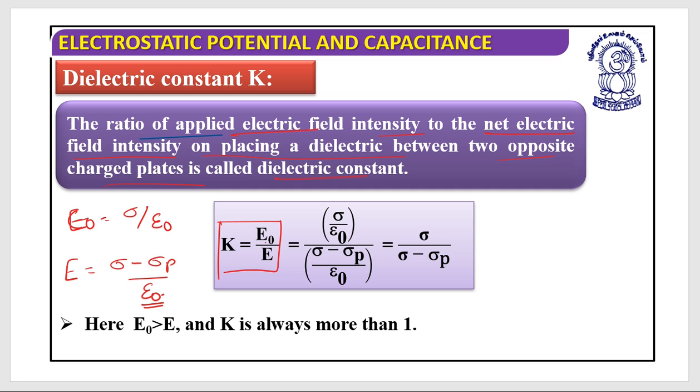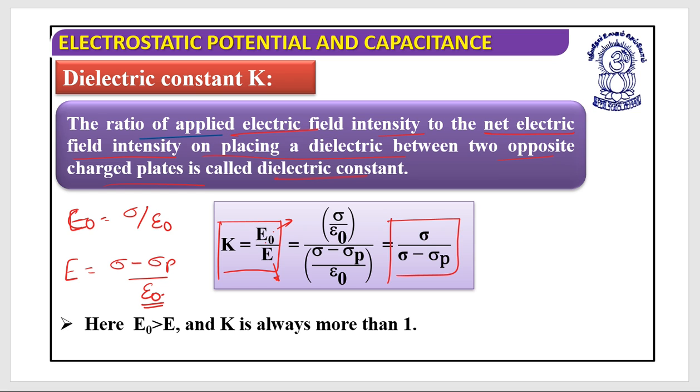So if I take a ratio of this, it would be sigma by sigma minus sigma p. Now tell me, E naught is the external electric field and E is the electric field when the dielectric slab has been put between two plates.